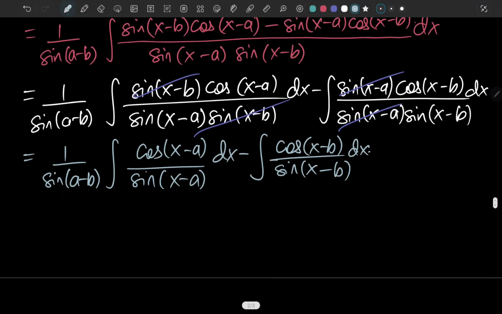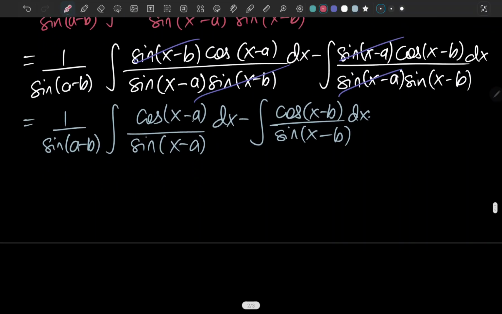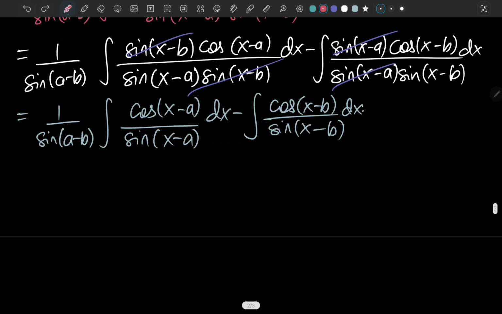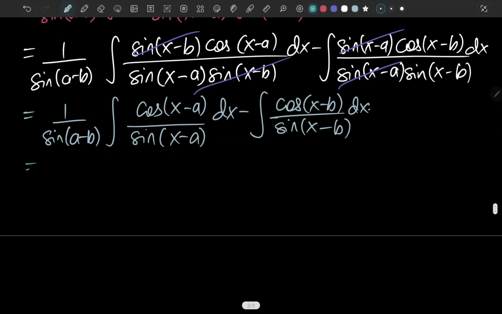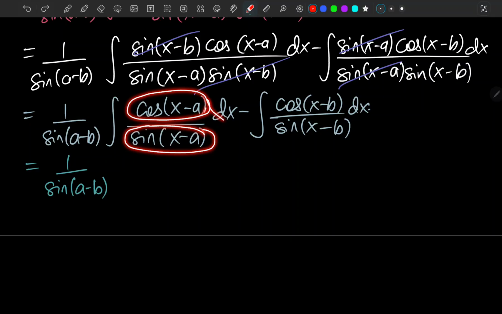Now, first of all, the derivative of sine x is cosine of x, right? So the argument doesn't matter to us, because a is just a constant for both the integrals, and we are just going to use that. So we have 1 over sine of a minus b, and the derivative of sine of x minus a is cosine of x minus a with dx.